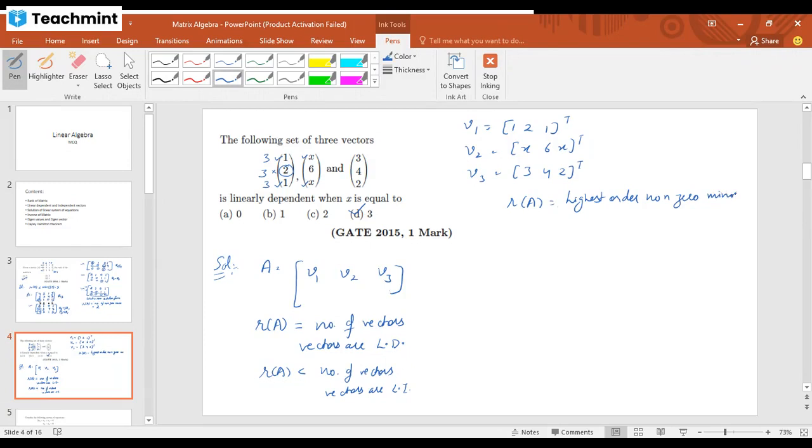And if the rank of a matrix is less than the order of the matrix, it means that the determinant of the matrix is zero. So in this case, we can use the definition of the rank of a matrix.